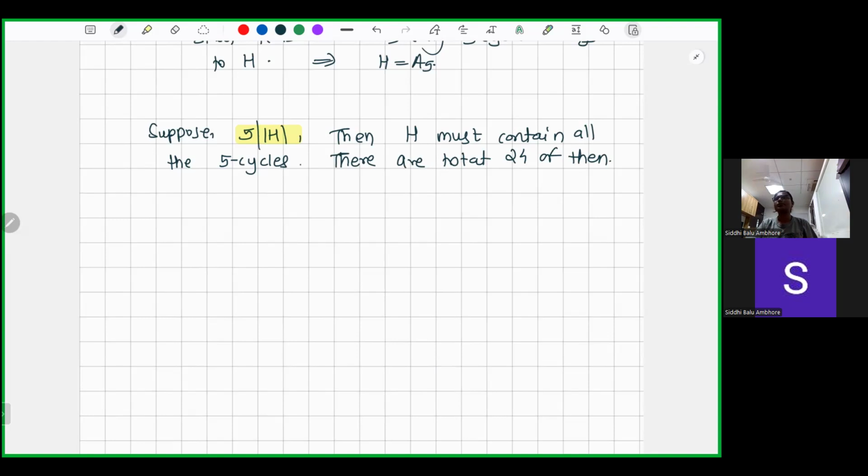If you do not know, go back to that formula which we did. How many elements of given cycle type are there in the group?